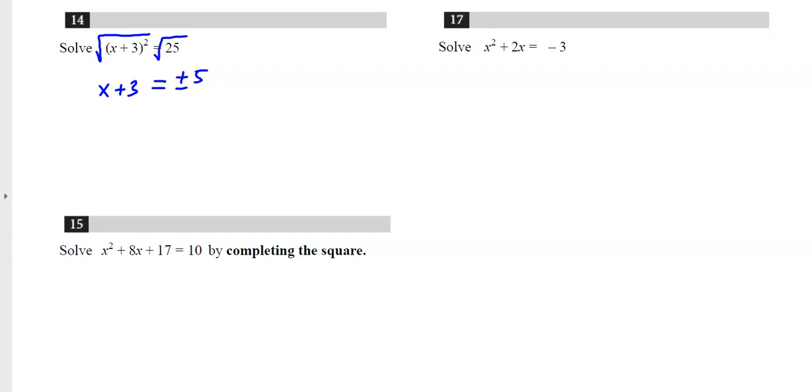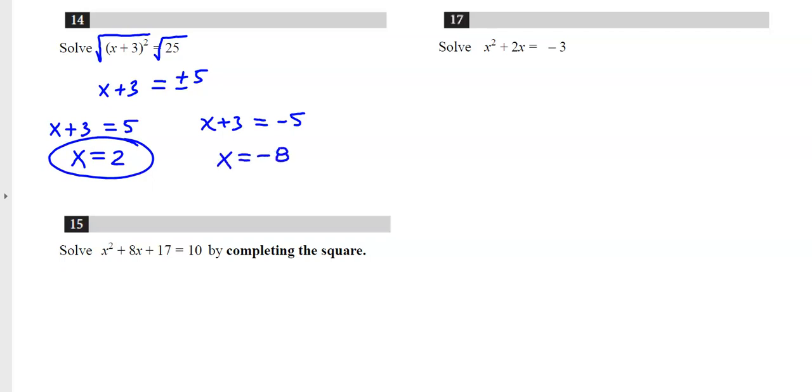So now I have two equations to solve. When is x plus 3 equal to positive 5? And then when is x plus 3 equal to negative 5? And I get an answer of 2, and I get an answer of negative 8. So you kind of like it when you don't have to factor or use the quadratic formula.